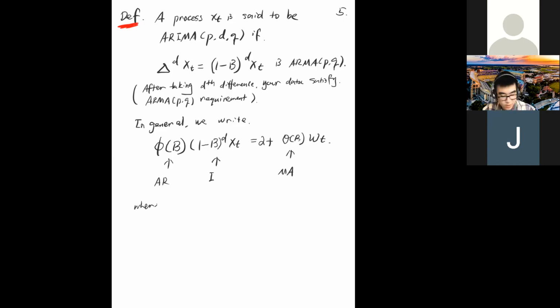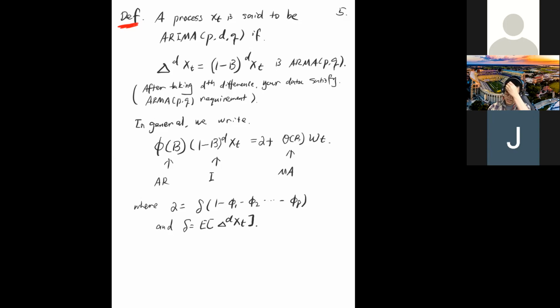Here we can actually show that this alpha, which is a constant, is equal to this. So the constant is not that important.